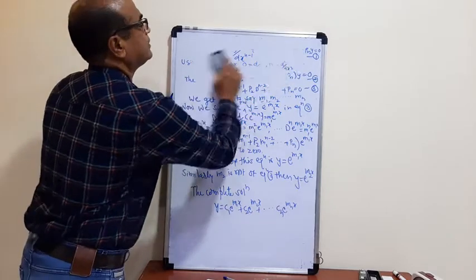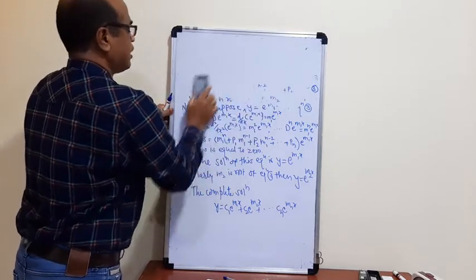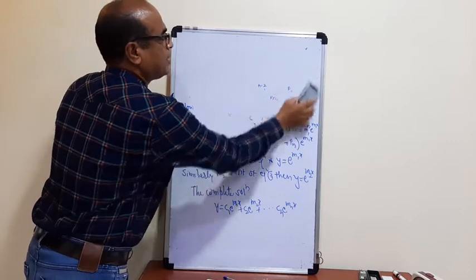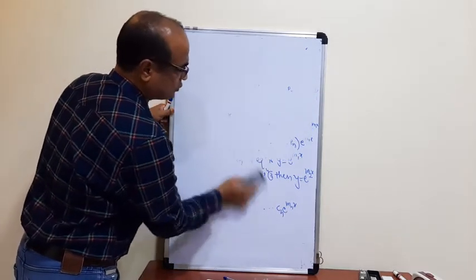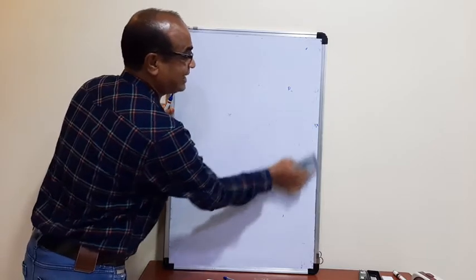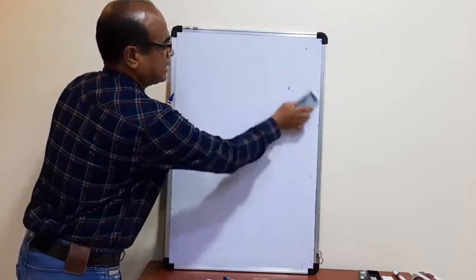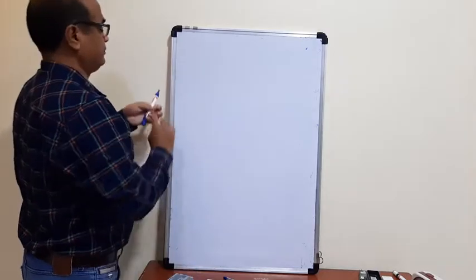So we take a simple example. How to solve that example? First, find the roots of the auxiliary equation and write the solution directly by using this formula.